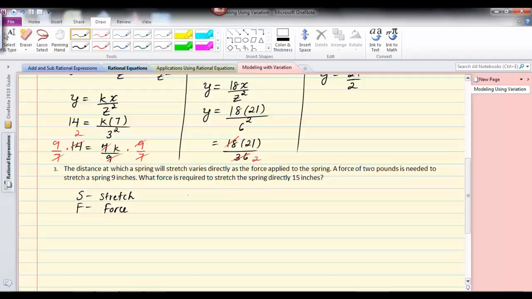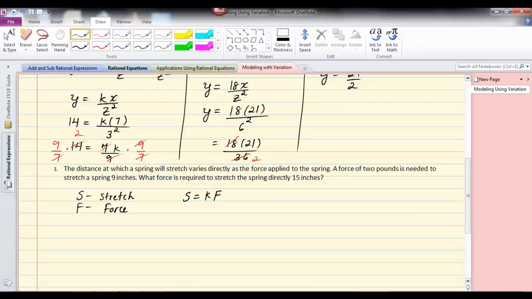So let's say the amount of stretch S is, it says directly, which will stretch, varies directly as the force applied. So the force is proportional directly to the stretch. So S equals KF. Stretch is directly proportional to force, vice versa.